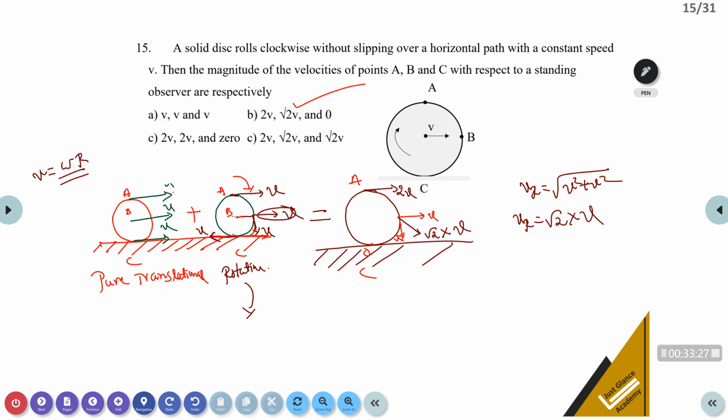This is translational plus rotational motion. It is rolling, that is, rolling without slipping. Of course, I have not discussed this point in the regular class. This is an important term.